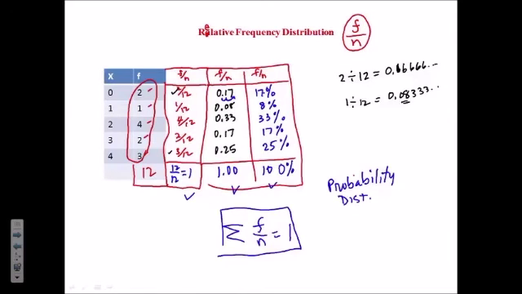With a probability distribution, we're going to think of f over n as the probability of x. This is something that happens later on in the course. And we're going to see that the sum of the probabilities in a probability distribution always comes out to be 1. So that's something in the future we're going to be dealing with.